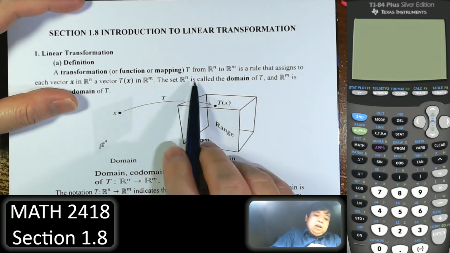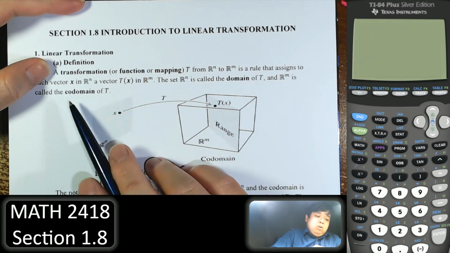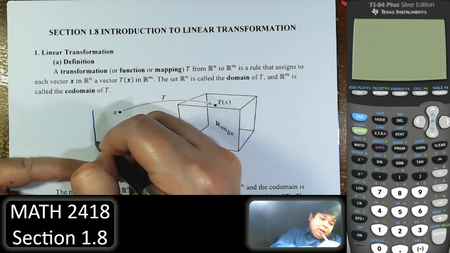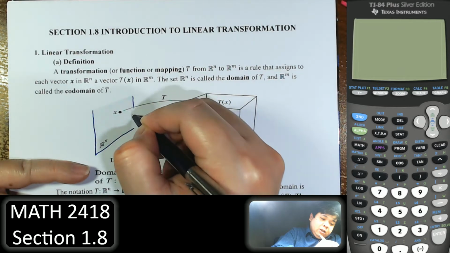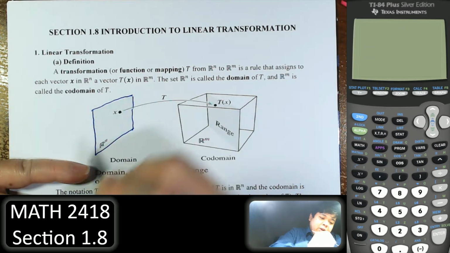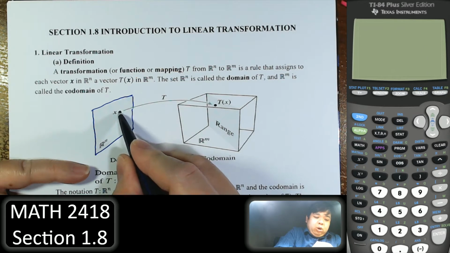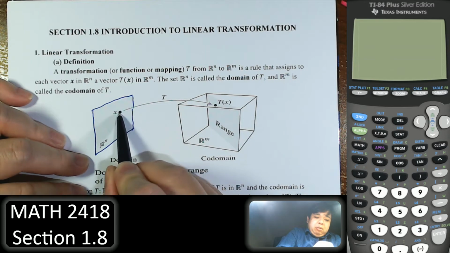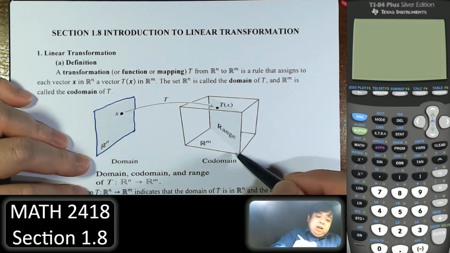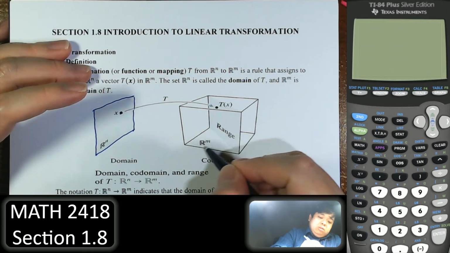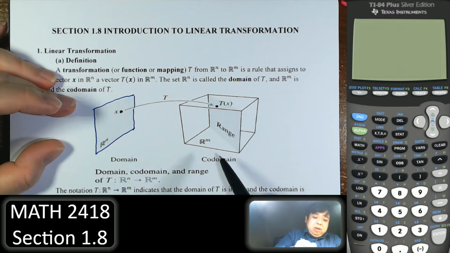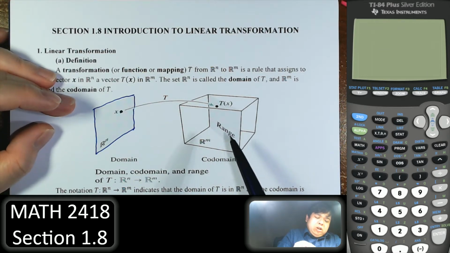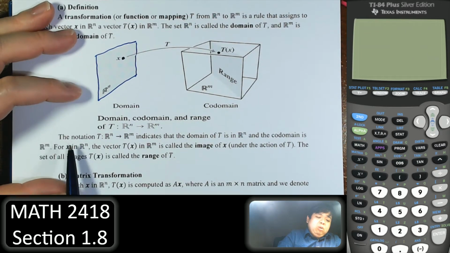The set Rn is called the domain of T, and Rm is called the codomain of T. So we have Rn, and a point in Rn, and the map assigns x to T of x in Rm. Rm might be a different space than Rn. It is called the codomain. It's not called the range because the range is what we define later.